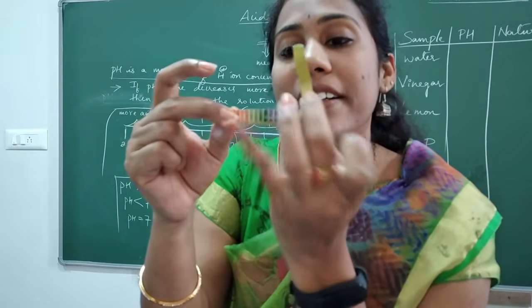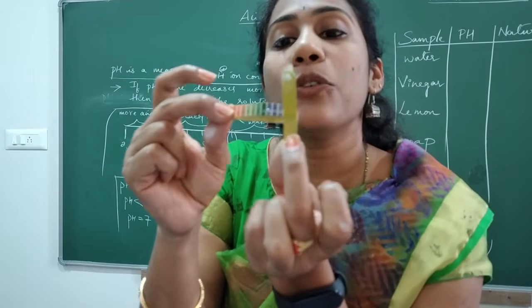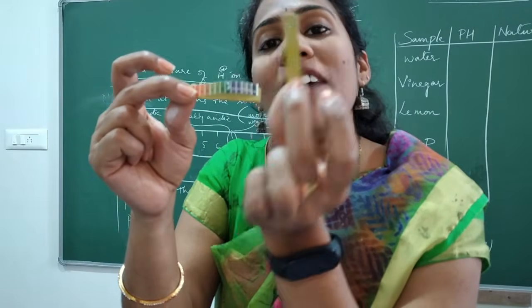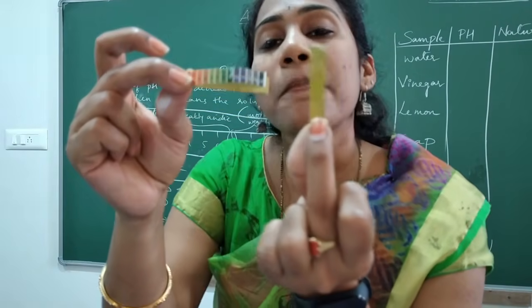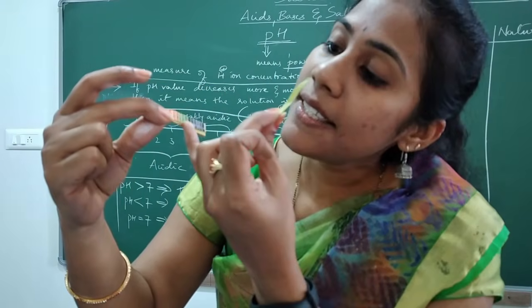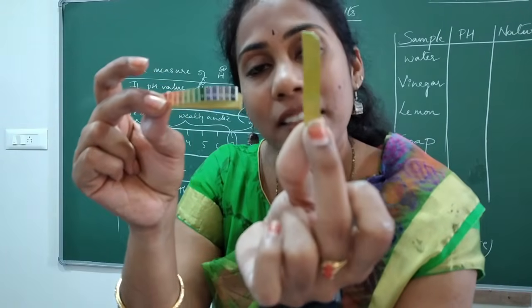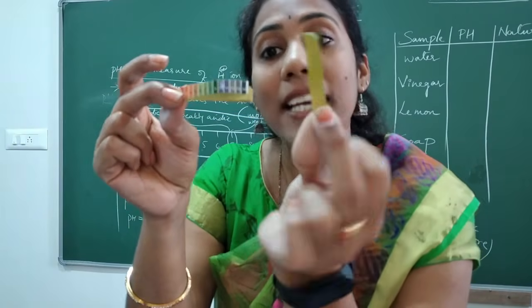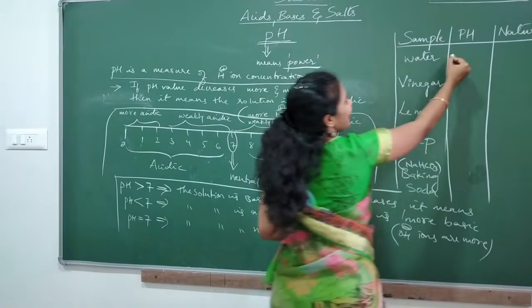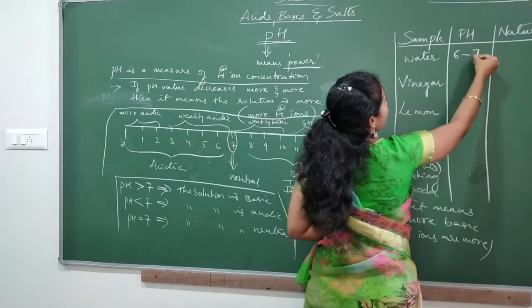Exactly, you can't decide. An approximate color you can write. See, this color change that you have observed in the pH paper is matching with which color in the pH scale? Yes, somewhere around 6 to 7. Okay, that means our plain water's pH is in between 6 to 7.